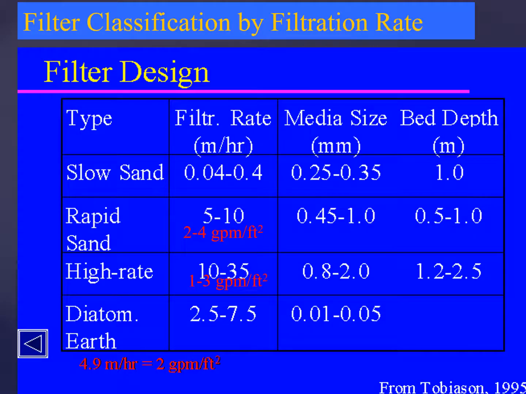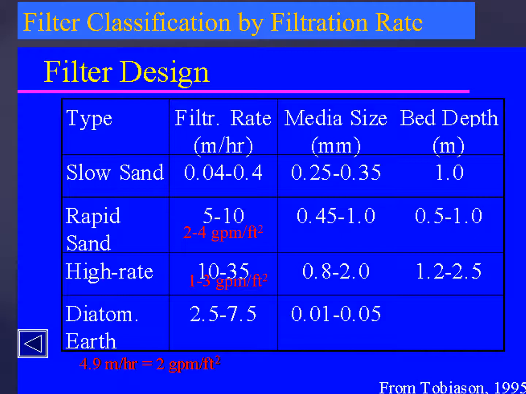Let's classify the filters. The first is the slow sand filter. We have here, as you see, the filter rate. I put it here as meters per hour. This is the velocity of the water in the vertical dimension. The filter rate for slow sand is 0.04 to 0.4 meters per hour.